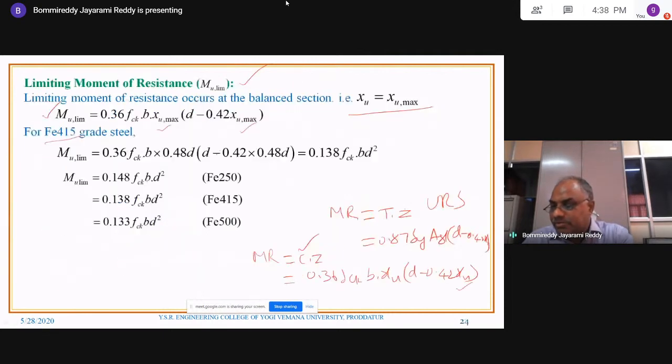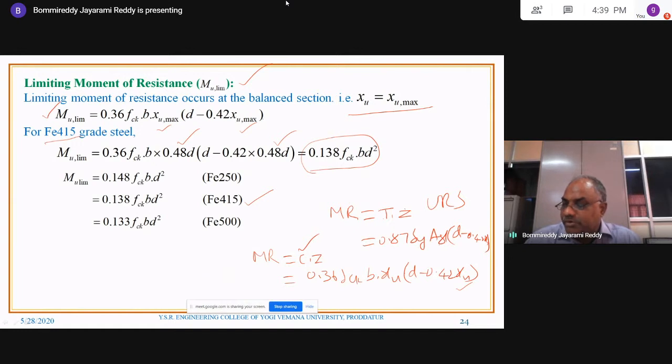Substitute that value, 0.48d, here and here also, and on multiplication you will get 0.138 fck b d squared. In the working stress method, you have seen it as R b d squared. Now it will be 0.138 fck b d squared. This is for Fe 415 grade steel.